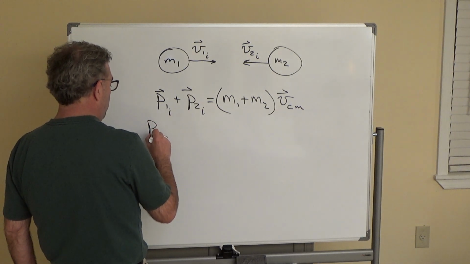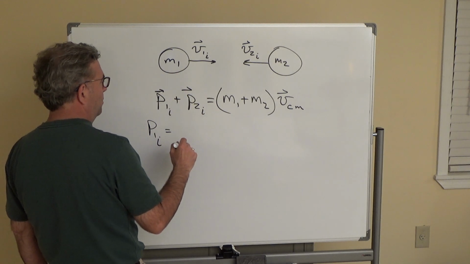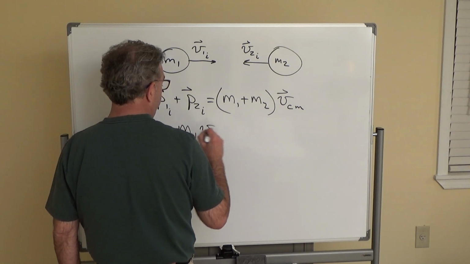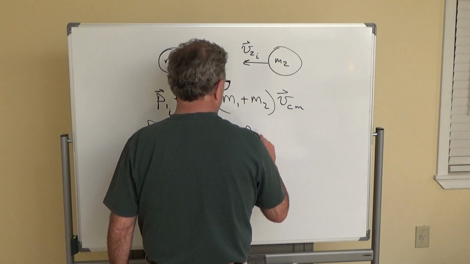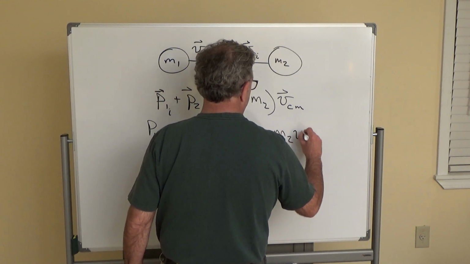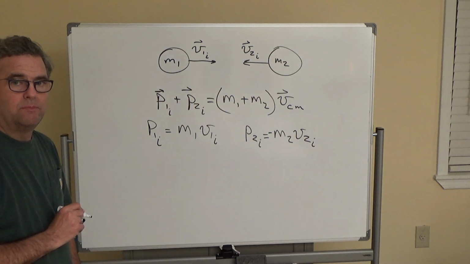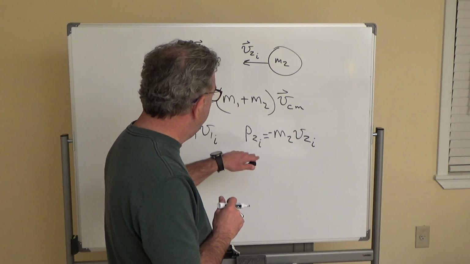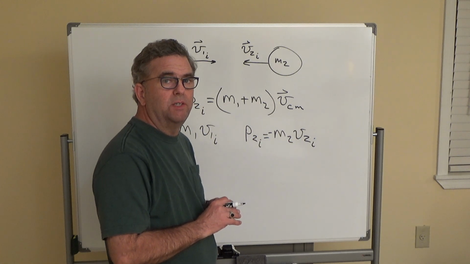So P1 initial, I'm going to drop the vector sign, it's a one-dimensional case, is M1 V1 initial. Okay? P2 initial is equal to M2 V2 initial, but that's negative. All right, I'm going to make that negative, and this is a magnitude. But M1 equals M2, and the magnitude of V1 initial equals the magnitude of V2 initial.